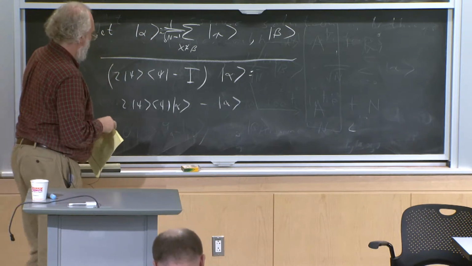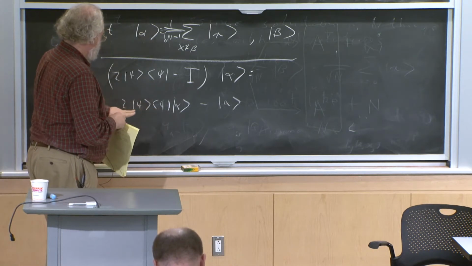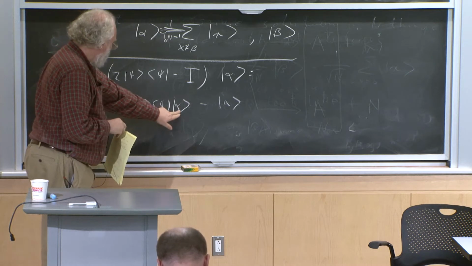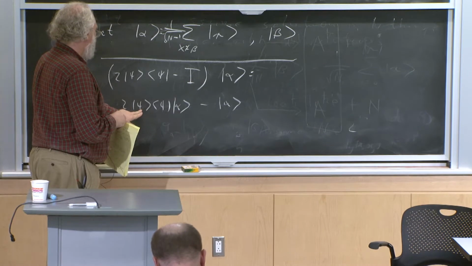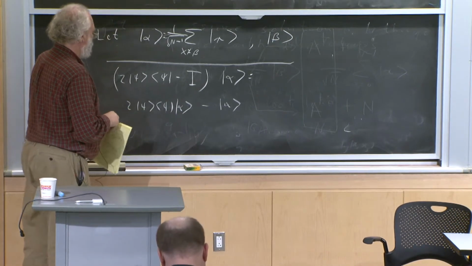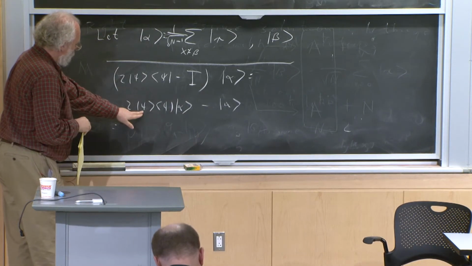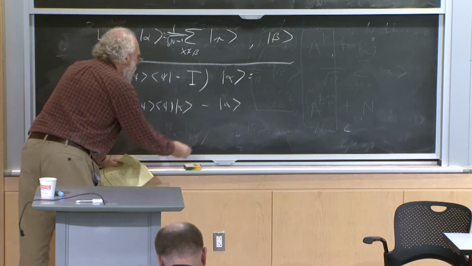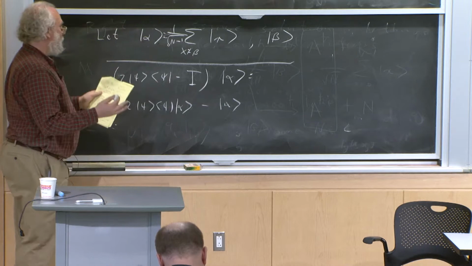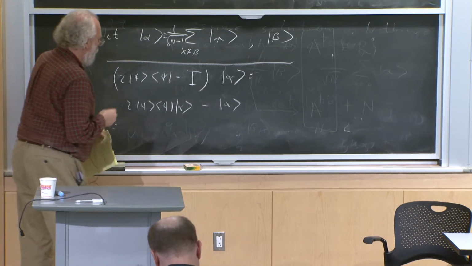Well, 2 psi times alpha is going to be some multiple of psi, and alpha is going to stay the same.